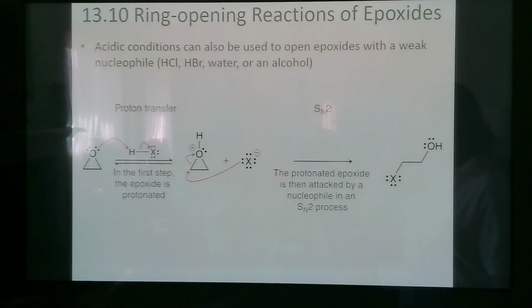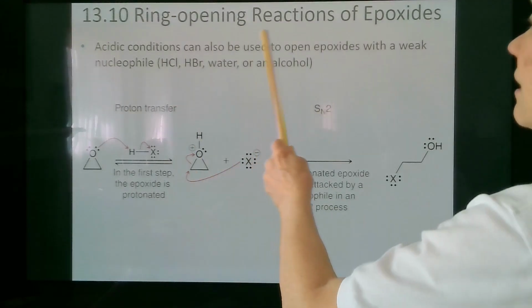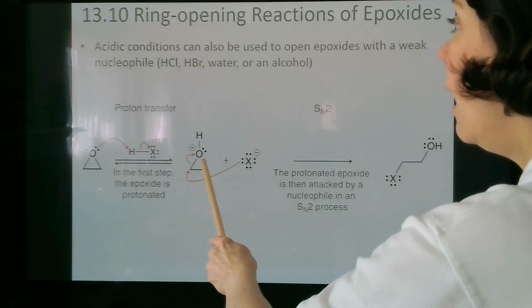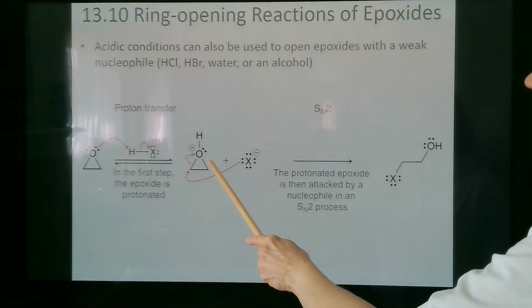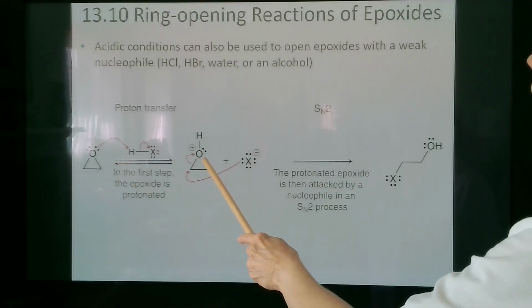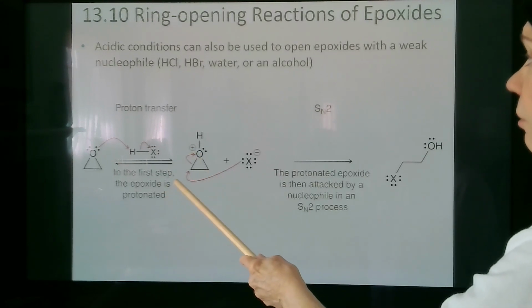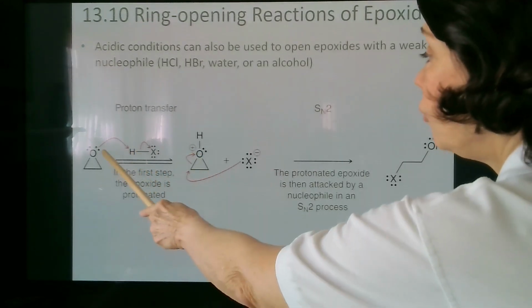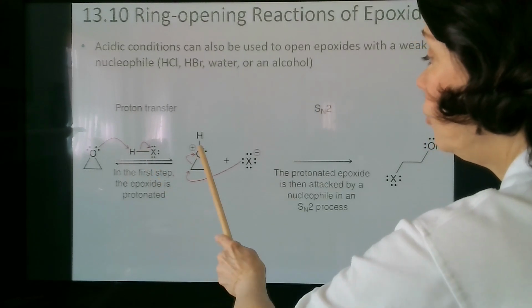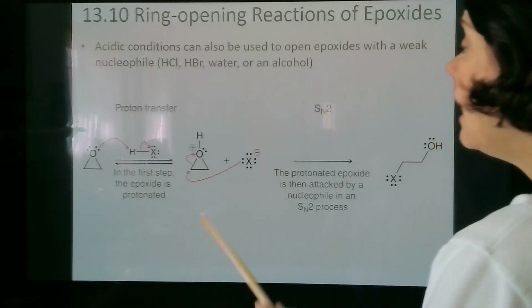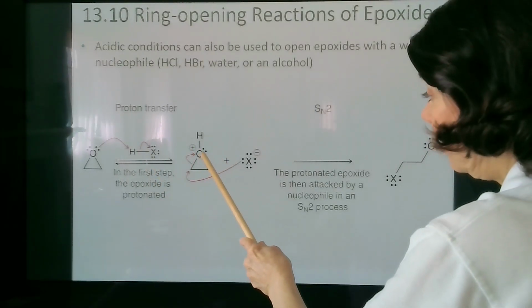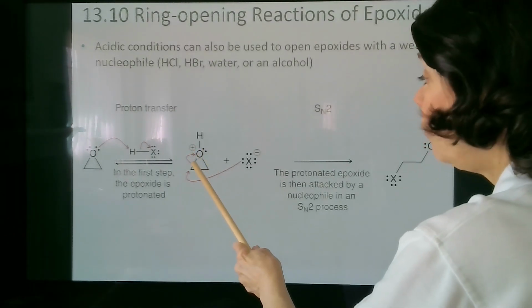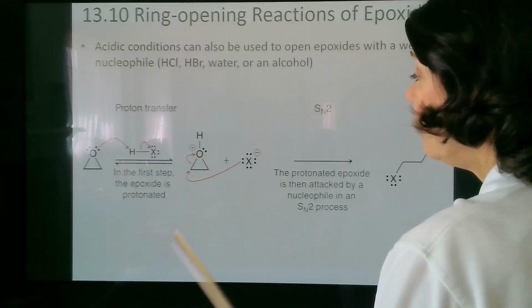Under acidic conditions, though, it is a little bit more complicated. Under acidic conditions, you can open the epoxide with just a weak nucleophile. So here, the first step under acidic conditions, of course, is going to be protonation. And now oxygen normally withdraws electron density from both of those carbons.